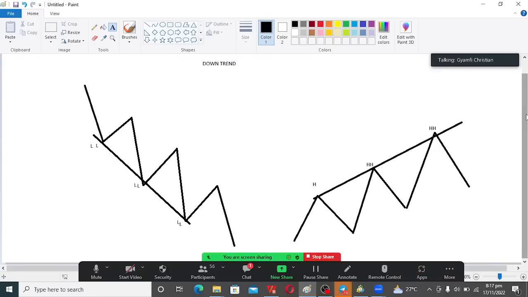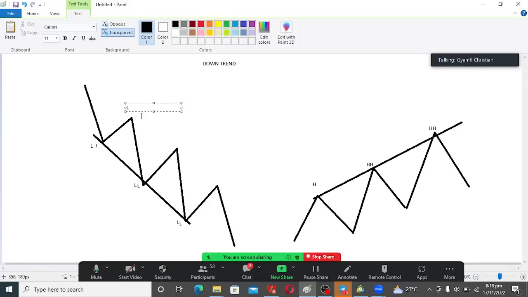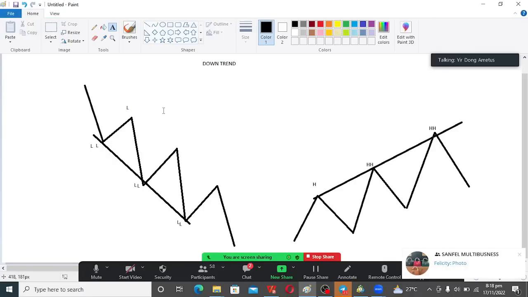Okay, so please hold on for me. Explain the downtrend for me. The downtrend, when the market is creating lower lows and then lower highs. Okay, so lower highs and then lower lows.